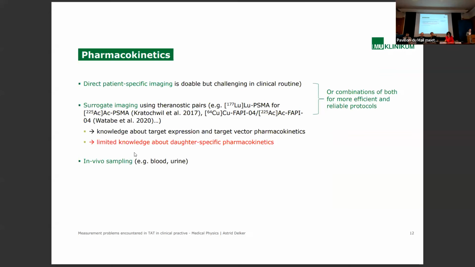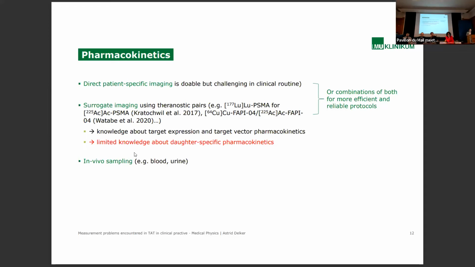In principle, theranostics also allows us to do some surrogate imaging. For example, you could use lutetium PSMA as a surrogate for actinium PSMA. By doing surrogate imaging, you can gain knowledge about the target expression or the pharmacokinetics of the target vector itself.